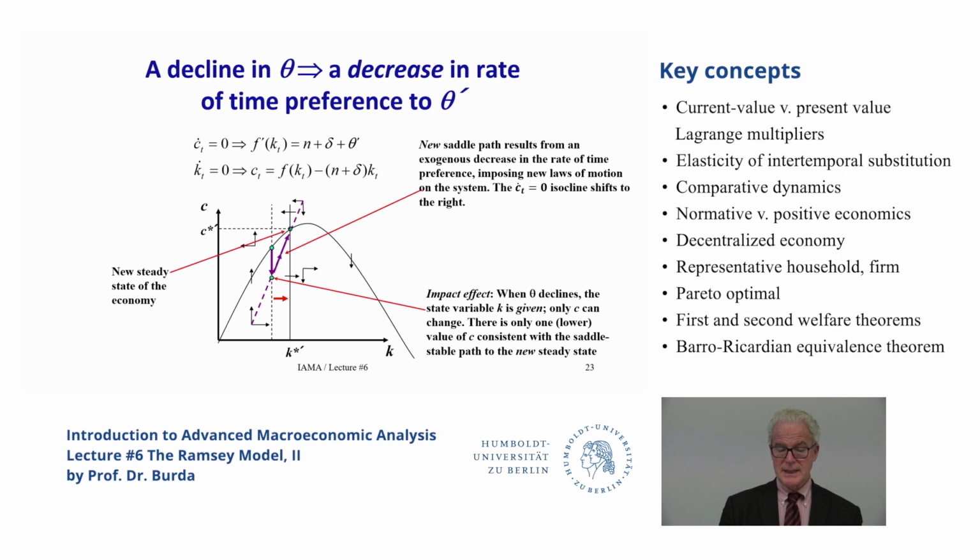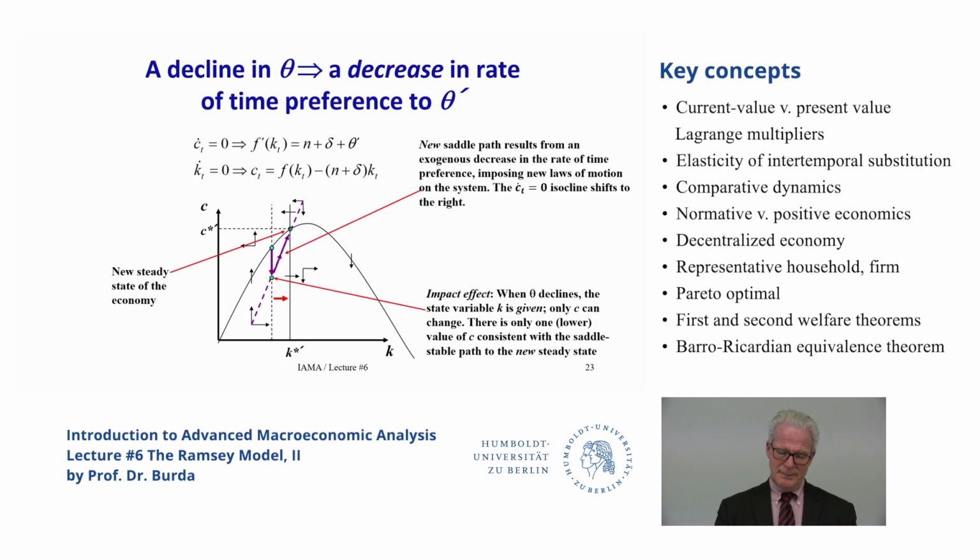But to approach that new steady state, the new central planner's plan must approach it from the southwest as before. And to do that, she will have to attain this dotted line, which is the saddle stable path corresponding to the new steady state.